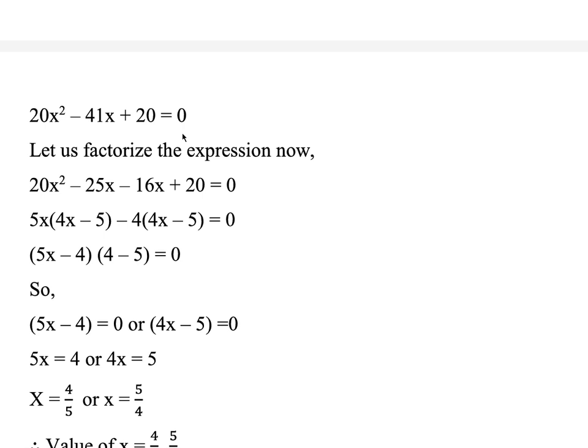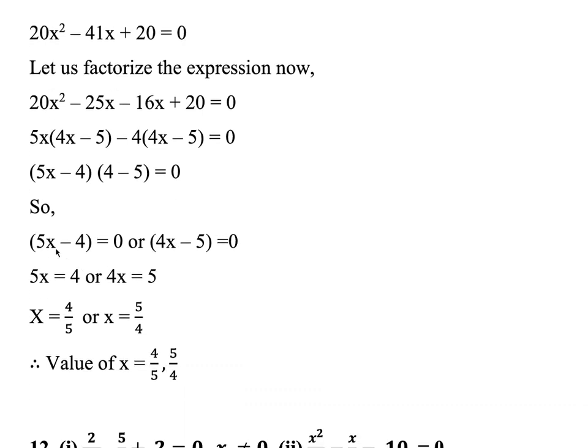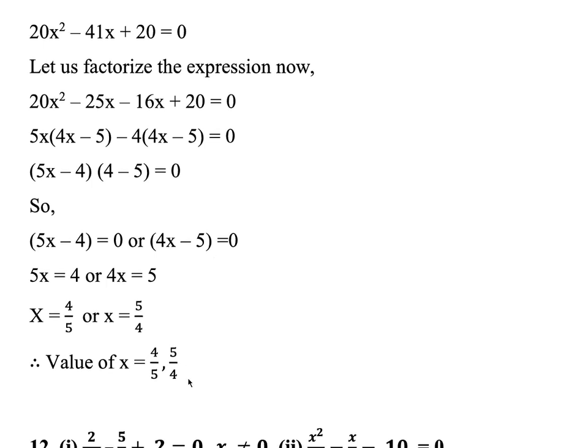After that a little bit of simplification, you will get either 5x minus 4 or 4x minus 5 will be 0. If 5x minus 4 is equal to 0, the value of x will be 4 by 5, and if 4x minus 5 is equal to 0, the value of x will be 5 by 4.